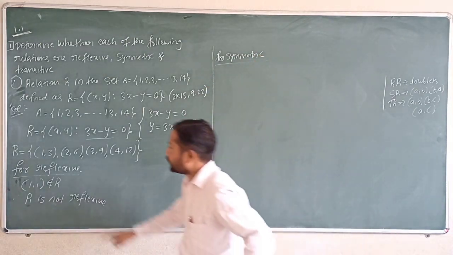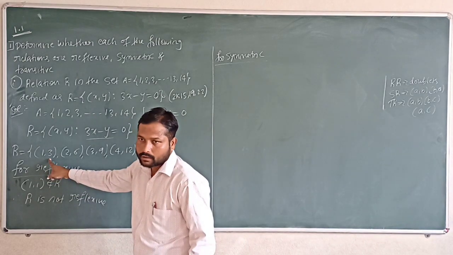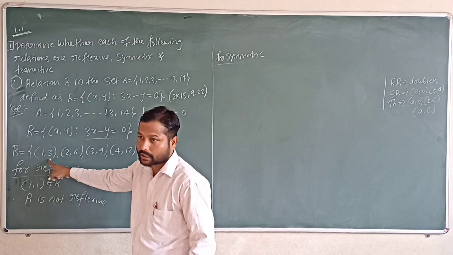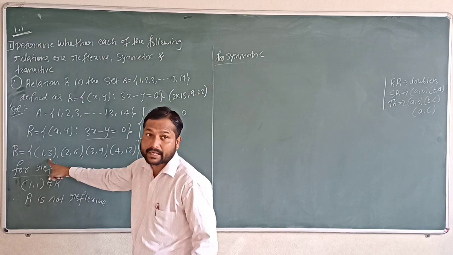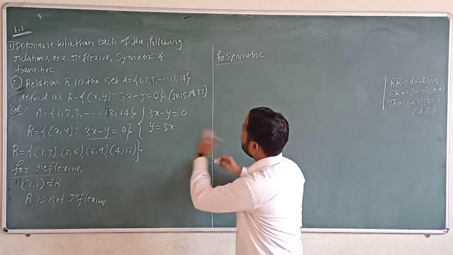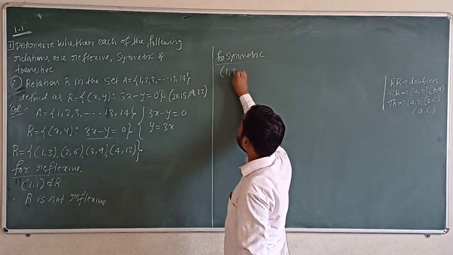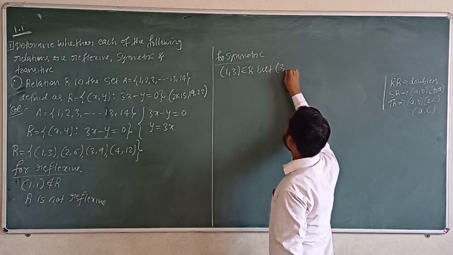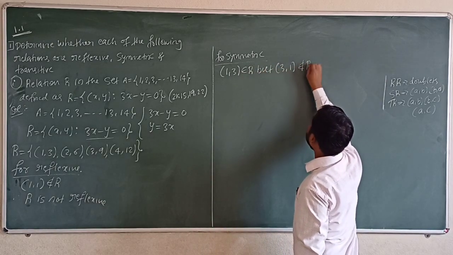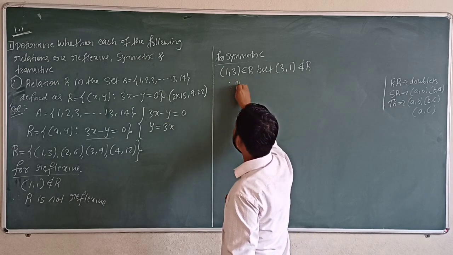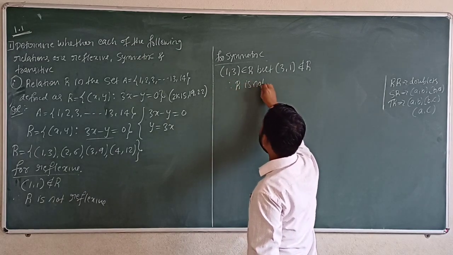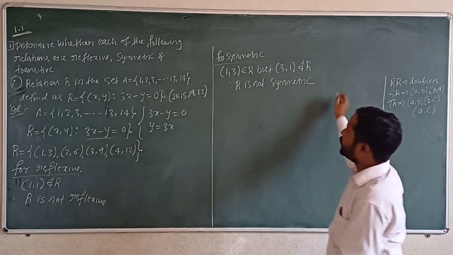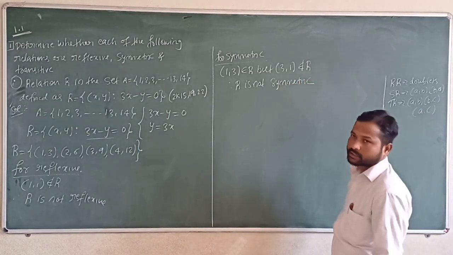Now tell me, 1 comma 3 is an order pair, but 3 comma 1 is not possible there. So it is not a symmetric relation. Reason: 1 comma 3 belongs to R but 3 comma 1 does not belong to R, so therefore R is not a symmetric relation.